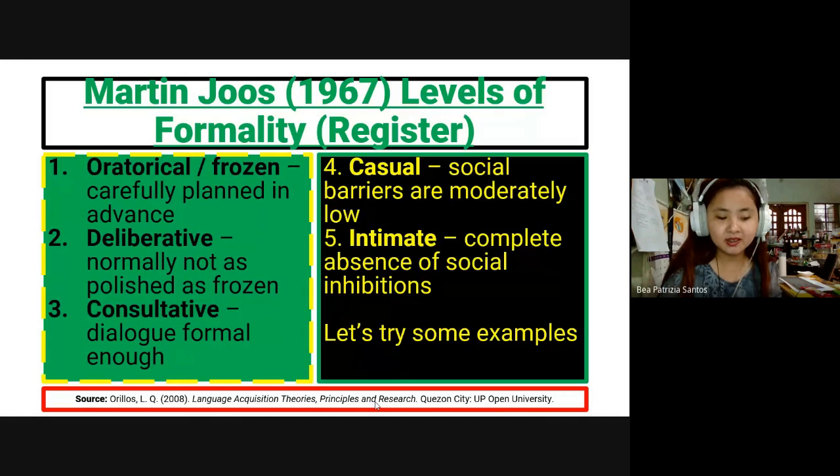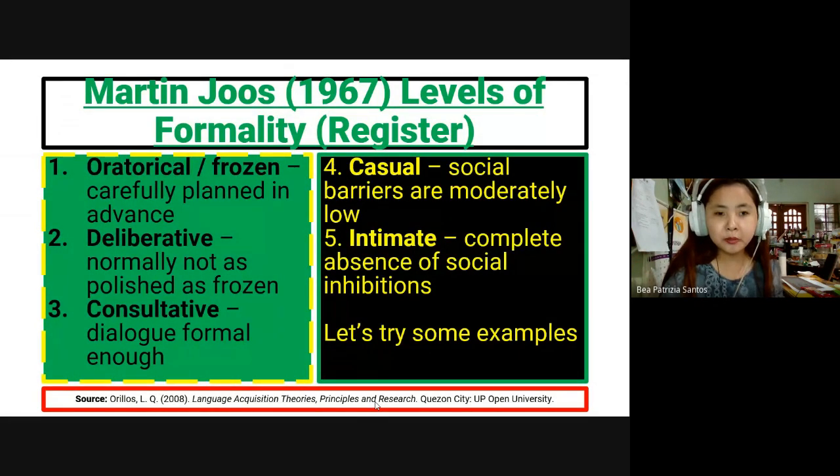Third one. So the examples are conversations between a doctor and a patient, which are consultative. They are talking because they need advice from each other.